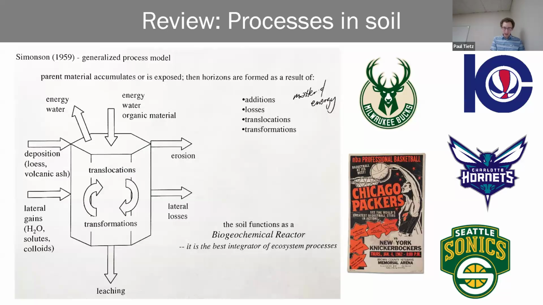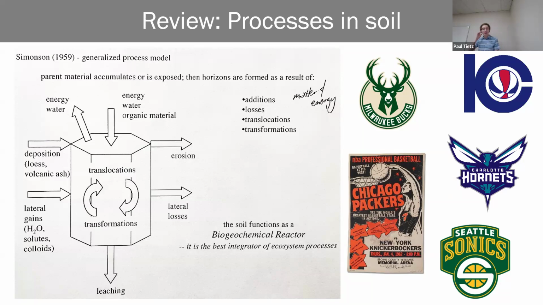And we have these processes in soil explaining how these teams arrive at their current state, but it's really this other set of topics, the soil forming factors, which explain maybe instead of the franchise itself, more about the actual roster construction.